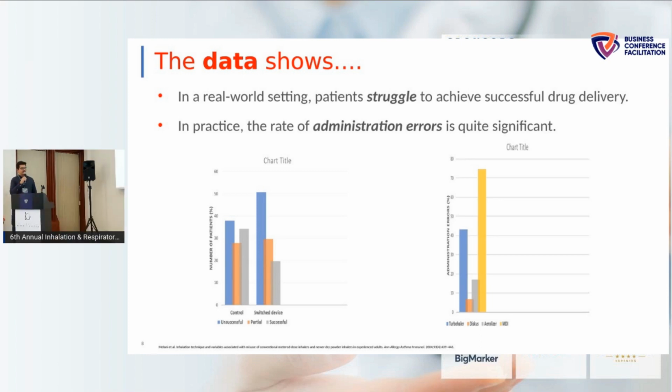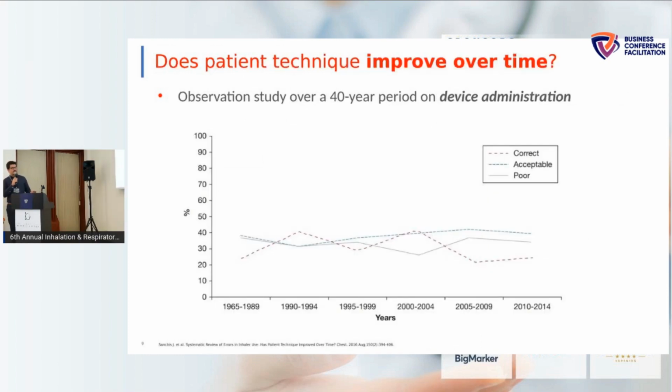This is just another study, very quickly to go through. This was an observation study over a 40-year period on device administration. You have three different outcomes again: correct delivery, acceptable delivery, or poor delivery. For all three outcomes, you can see a flat line over the 40-year period.